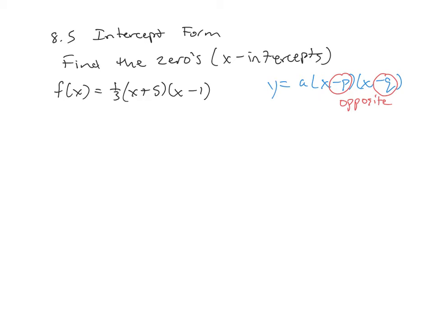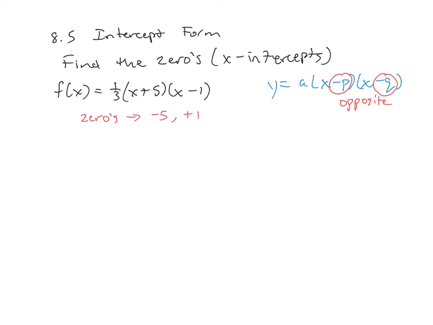So very simply on this one, the zeros are -5 and +1. Just the opposite of what we see.